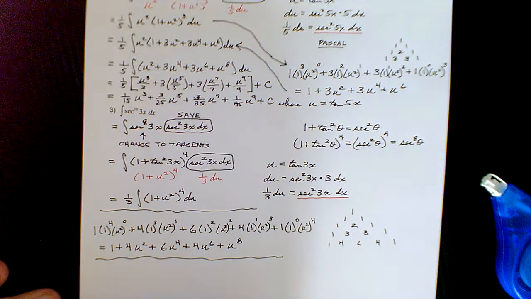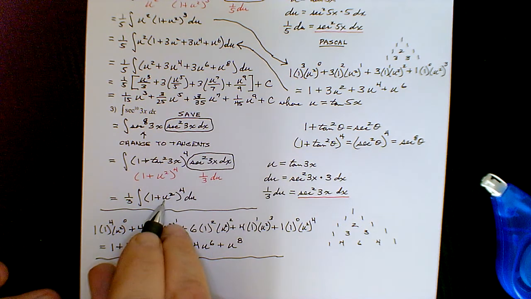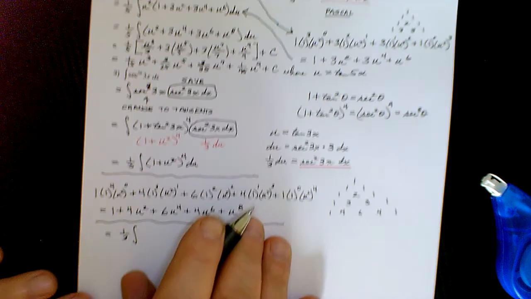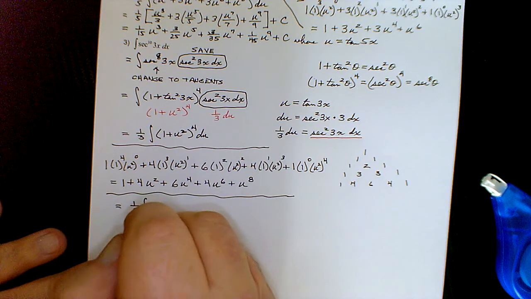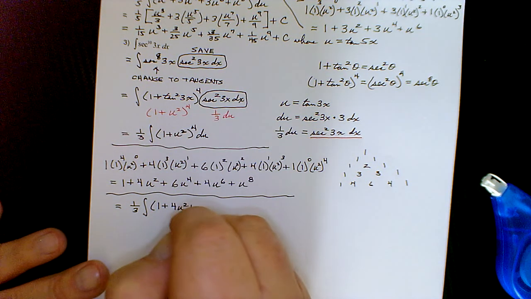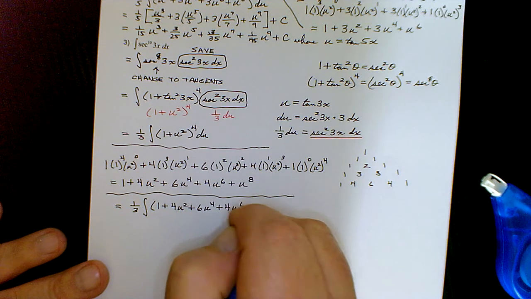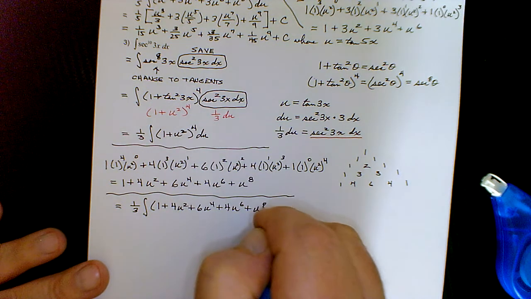So a little wavy line going back to the integration. And third integral, okay, replace the 1 plus u squared to the fourth by what we just found. 1 plus 4u squared plus 6u to the fourth plus 4u to the sixth plus u to the eighth.